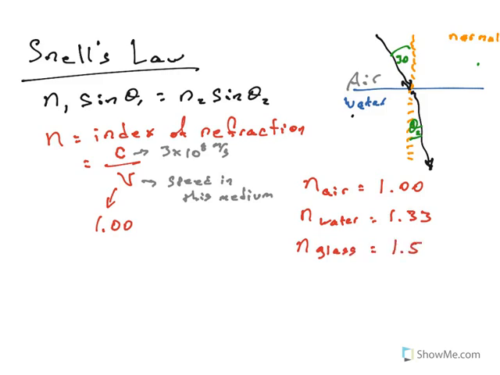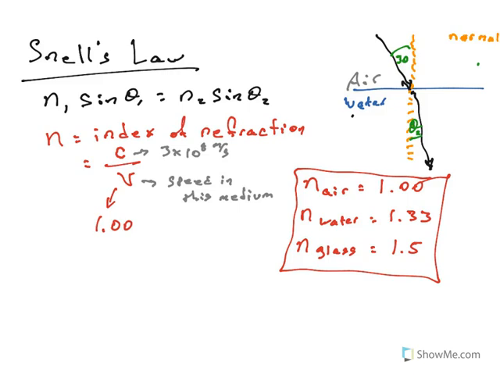Now obviously these are slightly simplistic numbers because there's different forms of glass, glass made of different materials. There could be salt water or fresh water. Temperature can affect things, but for our business here, these are going to be the numbers we use. So, if we know the index of refraction for the materials, we know the angle of incidence, we can solve this problem.